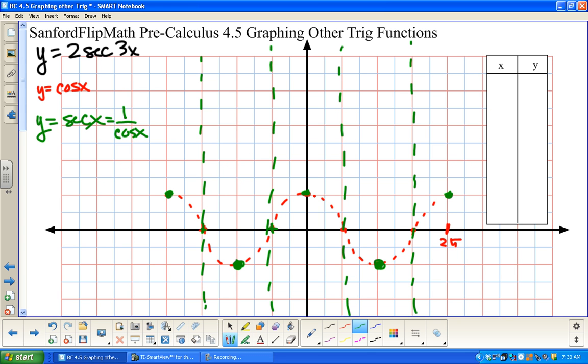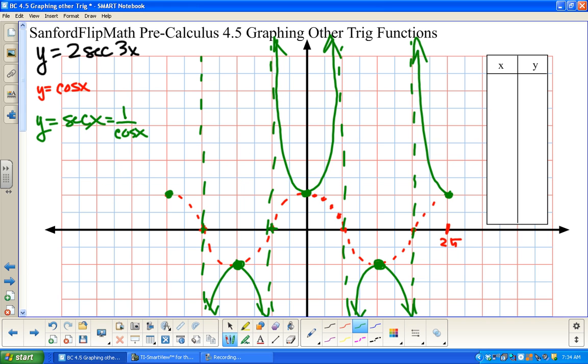Now the idea here is if starting at x equals 0, as these red y values get smaller and smaller, their reciprocals are bigger and bigger. Similarly, this has the same shape as cosecant, it just starts in a different spot, just like cosine has the same shape as sine, it just starts at a different spot.